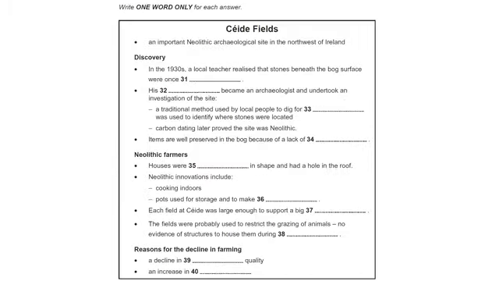Part 4. You will hear an archaeology student giving a presentation on an important site in Ireland called the Cagey Fields. First, you have some time to look at questions 31 to 40.